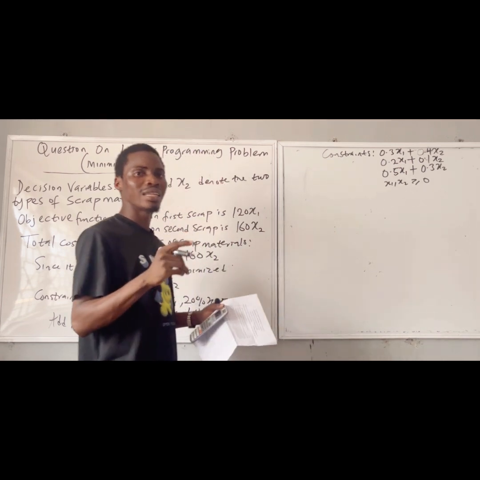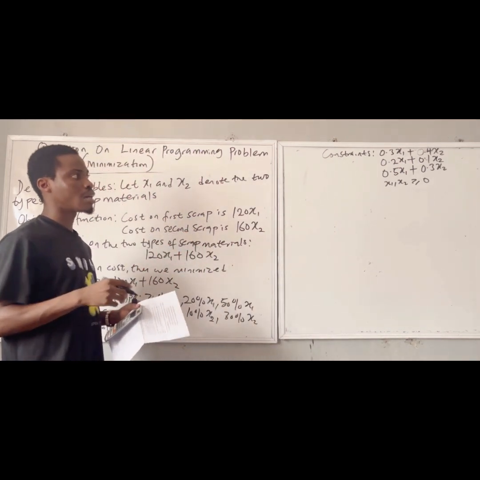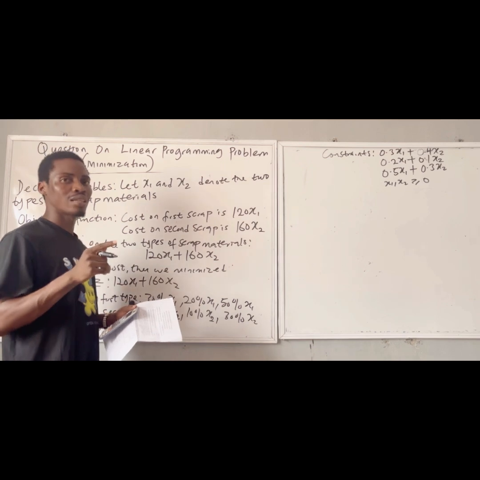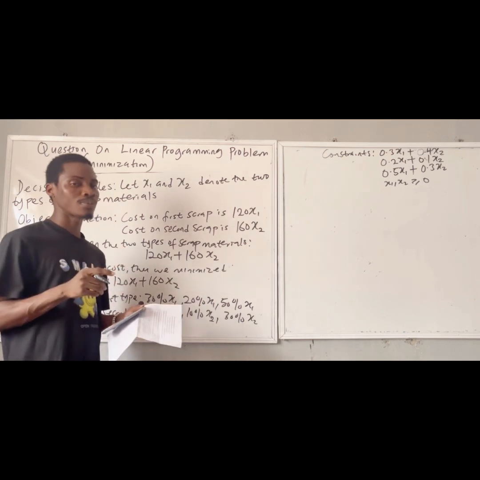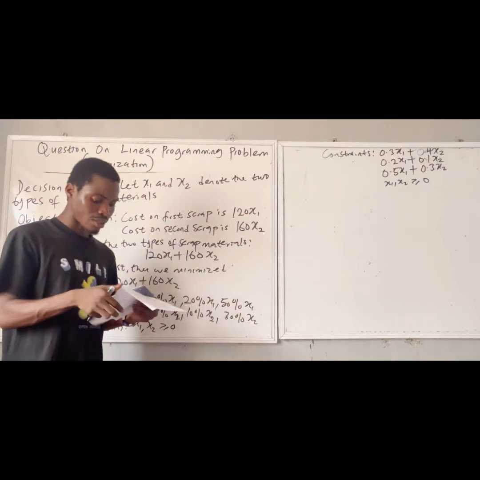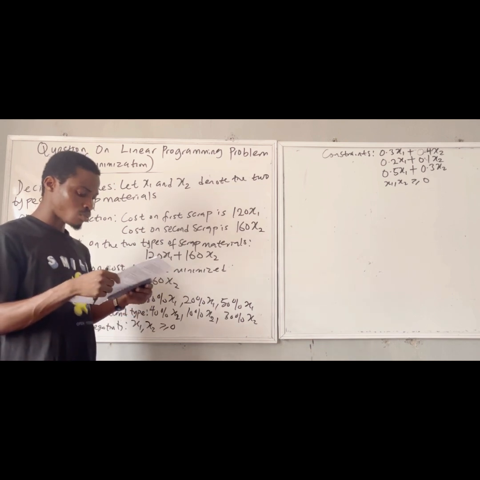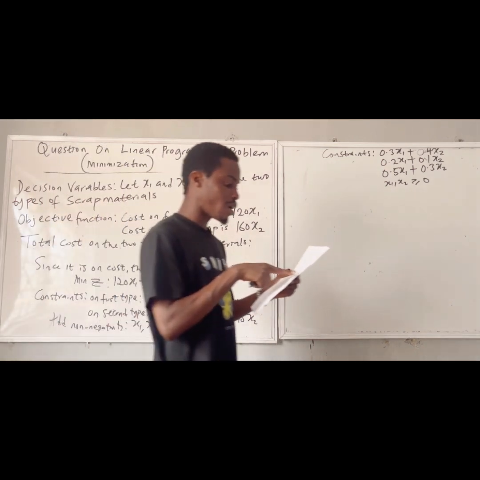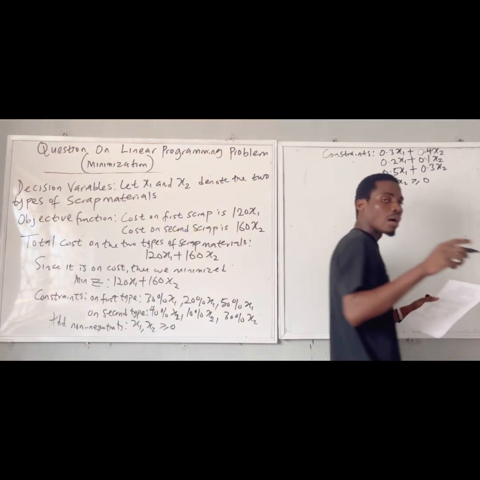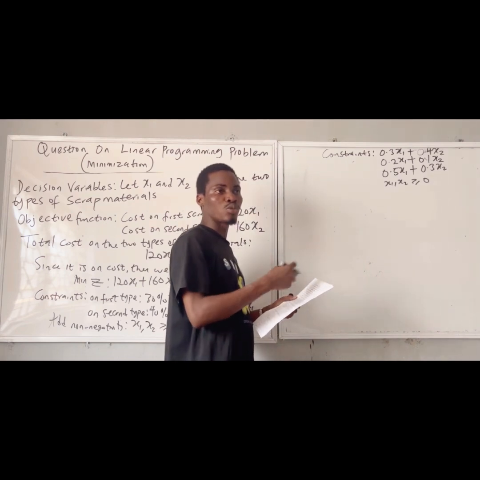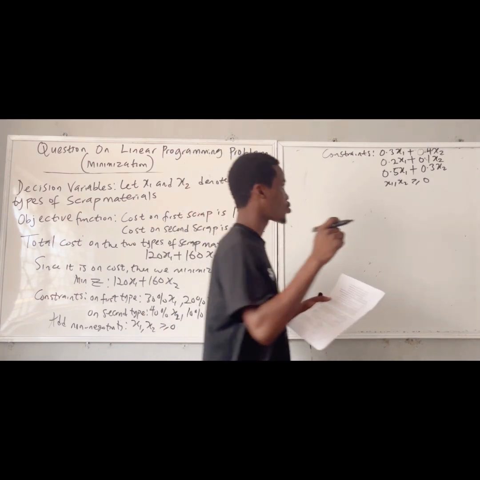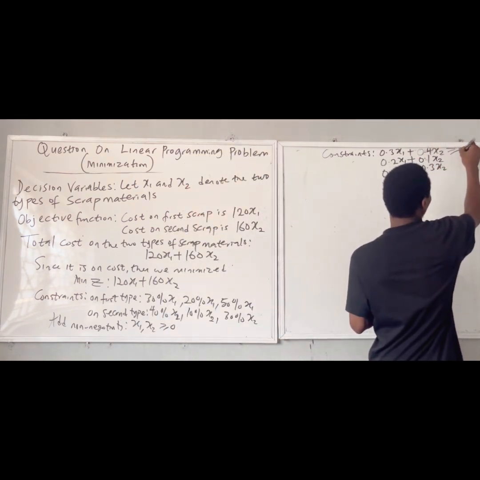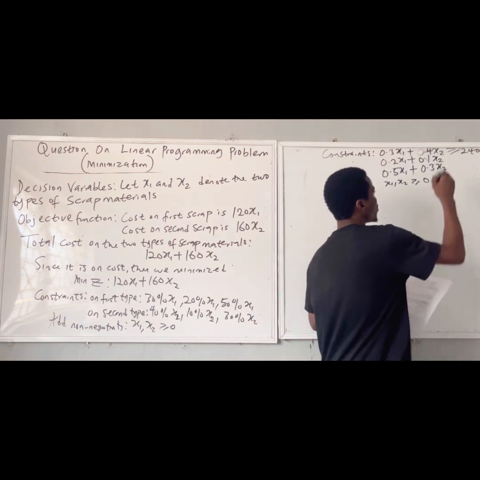Since we are dealing with minimization, we want to convert it, since it's a constraint. If you do this question, the company requires at least 240 kilograms of material X. So for material X we have 240 kilograms, and since we are dealing with minimization, our inequality sign is greater than or equal to 240 kilograms.